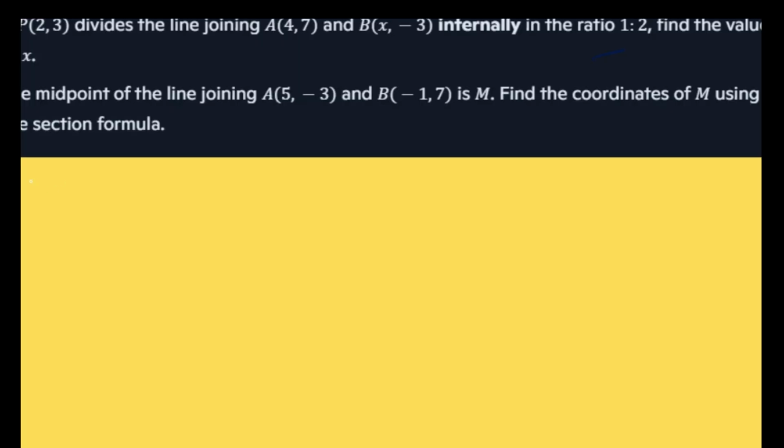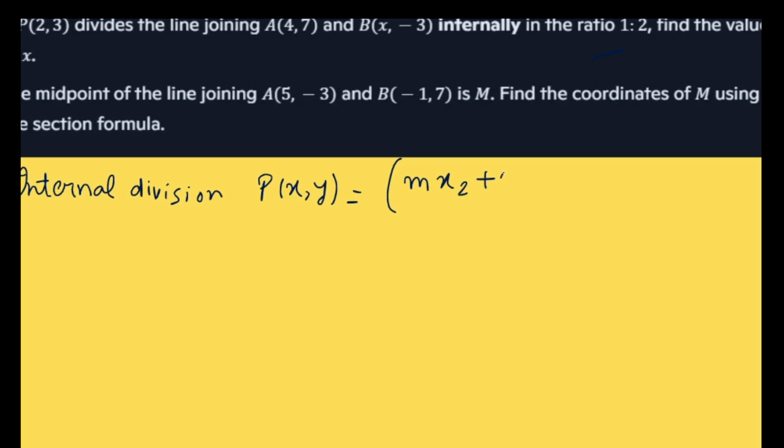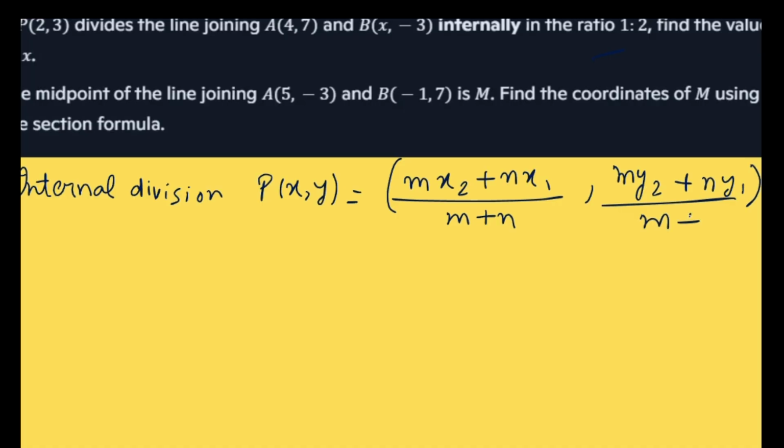Here, for the internal division, the formula is P(x, y) equal to (m x2 plus n x1) upon (m plus n), and (m y2 plus n y1) upon (m plus n).